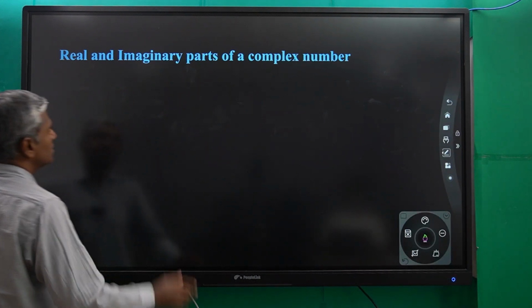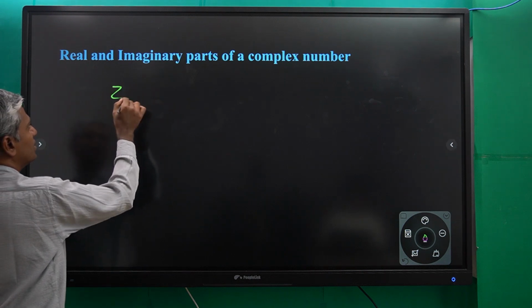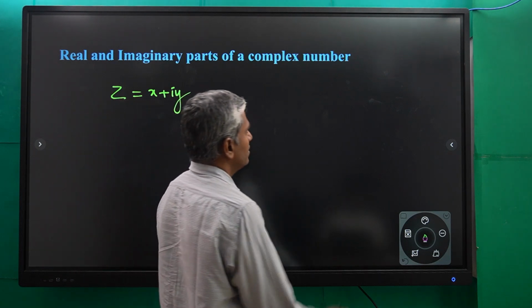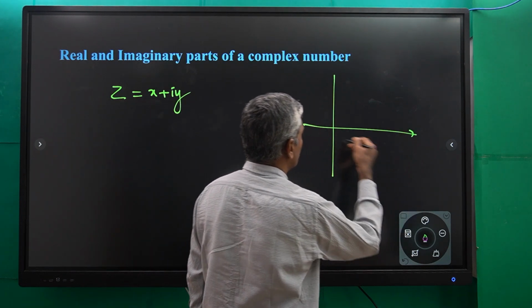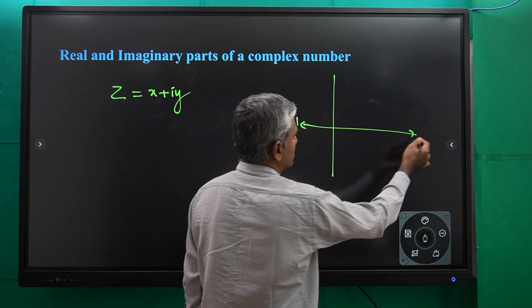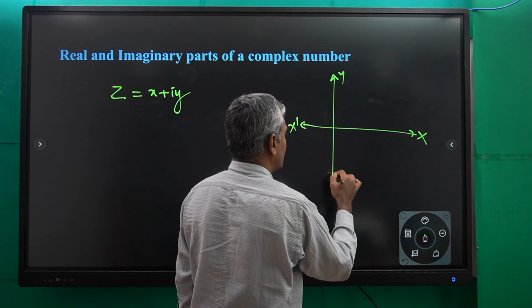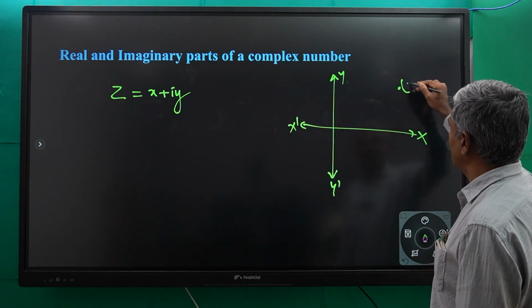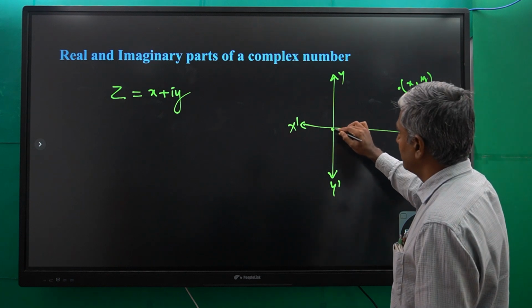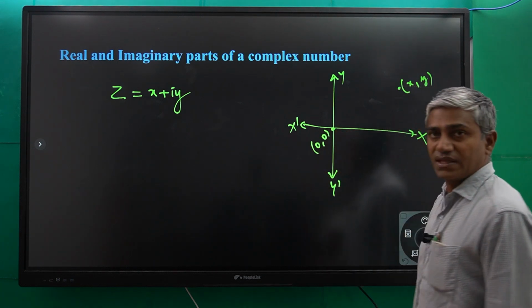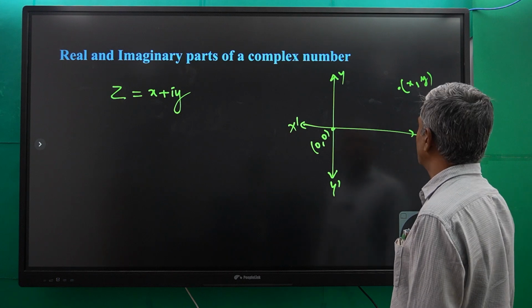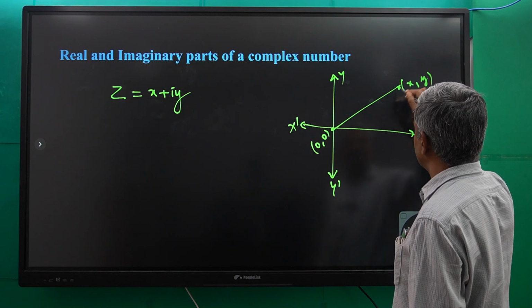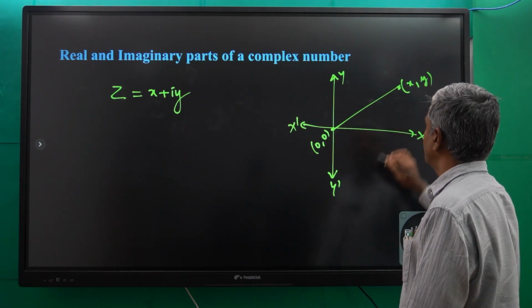For example, the representation is z is equal to x plus iy. In the plane, take this point x comma y, and this point 0 comma 0, the origin. From 0 comma 0 to the point P, x comma y.